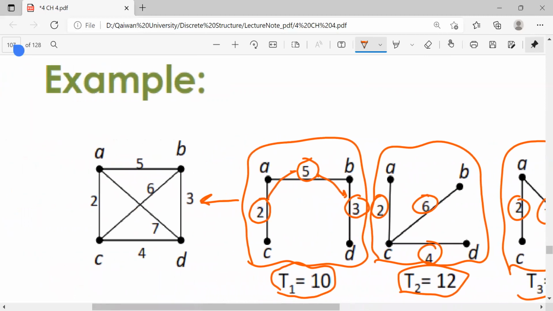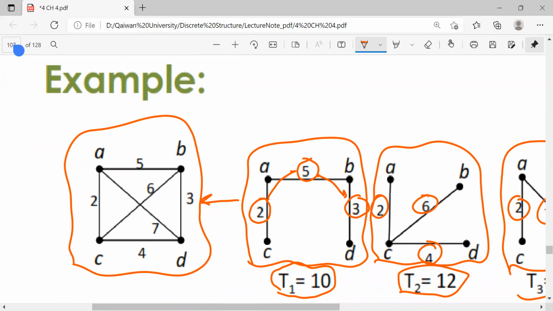Here, these weights are the same as those given in the graph. From A to B is 5. From A to D is 7.